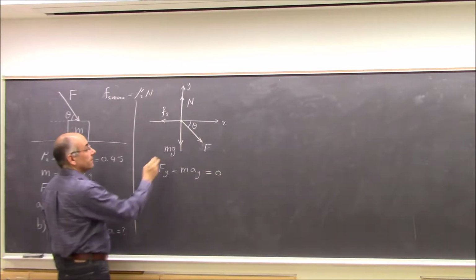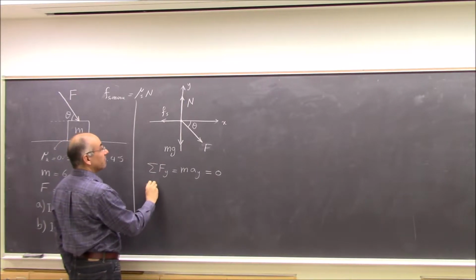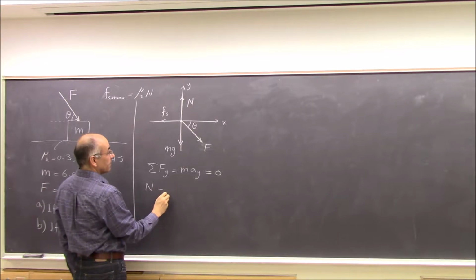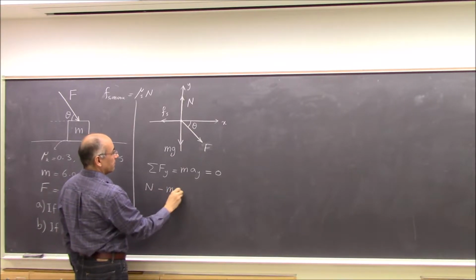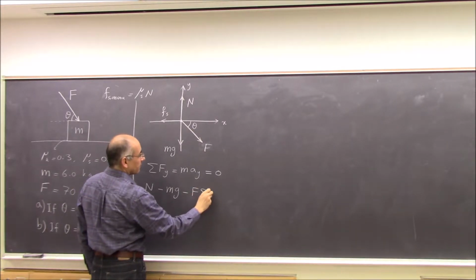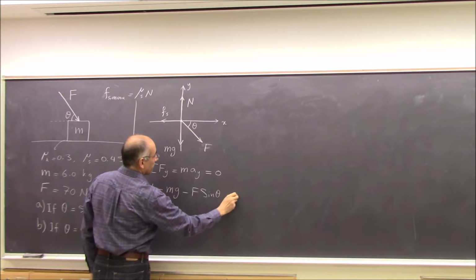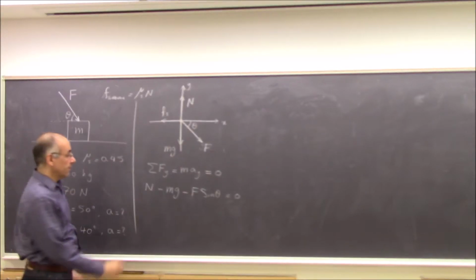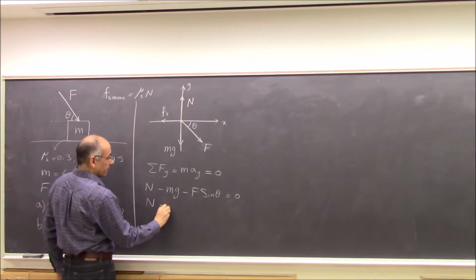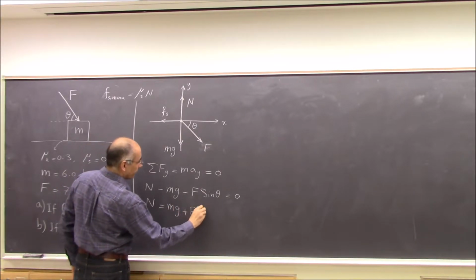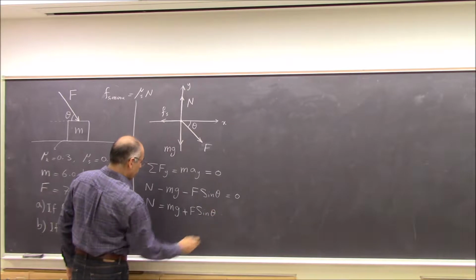Then sum of Fy means N, positive magnitude, minus mg minus F sine theta equals 0. And that gives us the normal force. So again, normal force is equal to mg plus F sine theta. So we can calculate that.